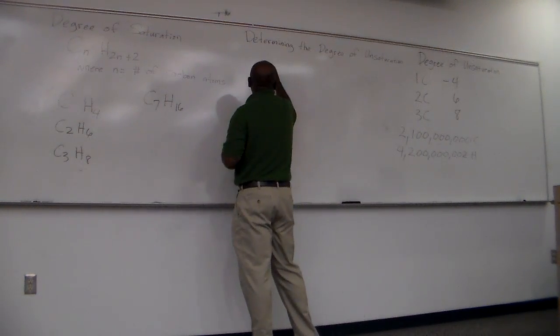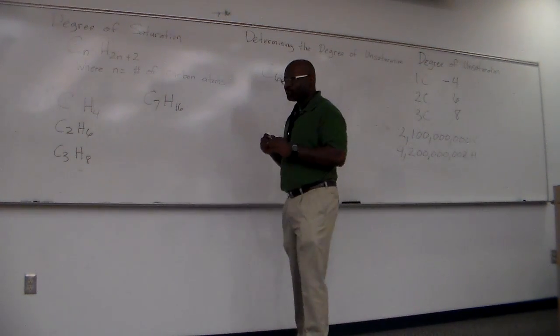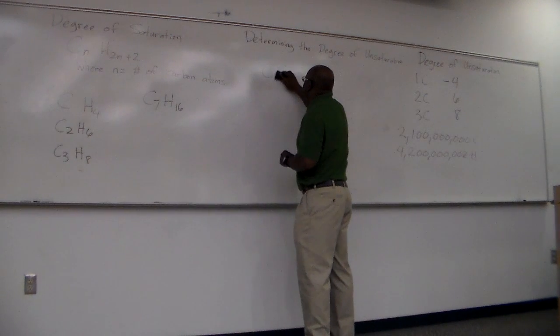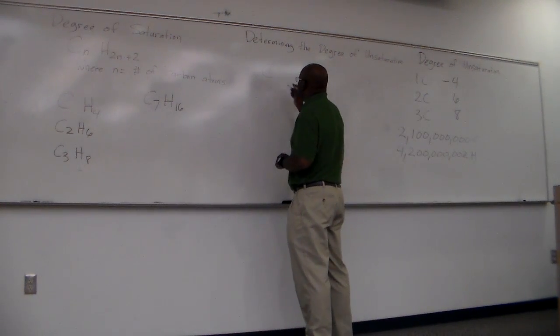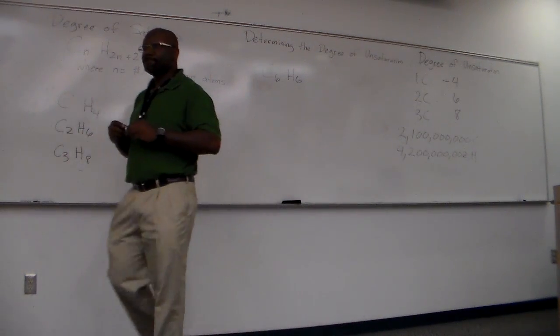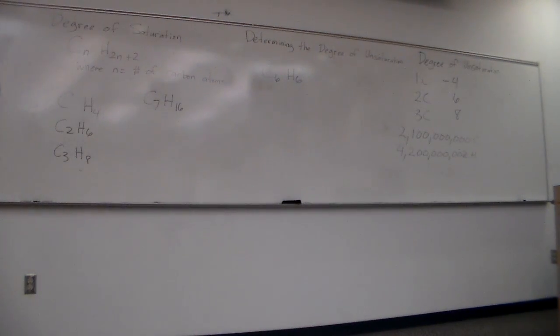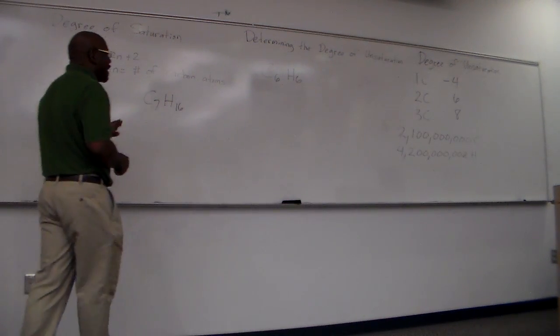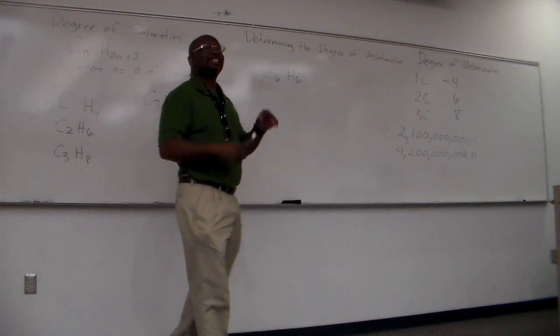Let's say I've got a molecule of C6H6. How many degrees of unsaturation does the molecule C6H6 have? 6. Now the question is trying to figure out the maximum number of hydrogen atoms that can go around 6 carbons.